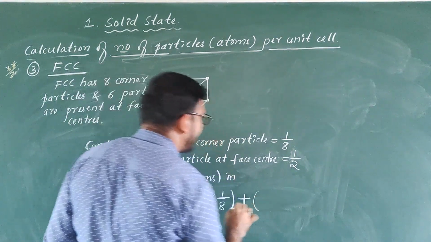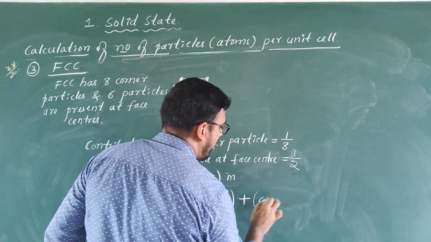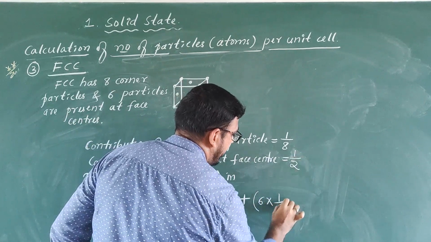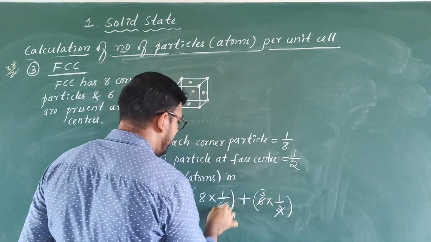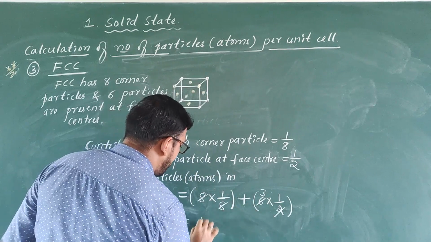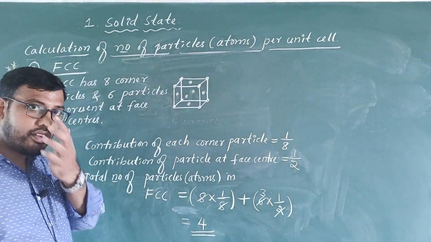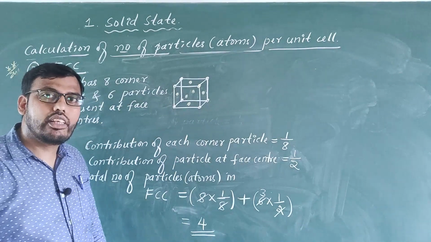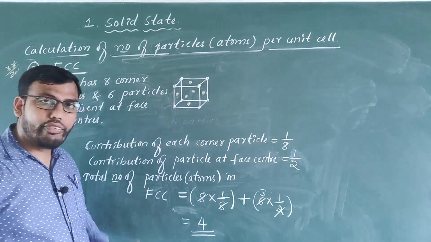So how many face center particles are there? 6. So 6 into, what about their contribution? It is 1 by 2. So 8 times 1/8 is 1, 6 times 1/2 is 3. So it is 1 plus 3. So the total number of atoms or particles in FCC unit cell is 4.